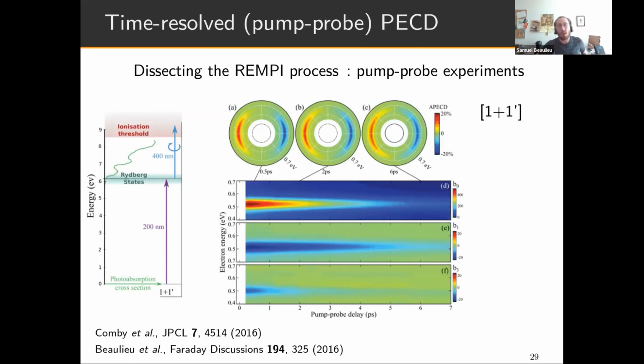Here is a 1+1' pump probe study of the ultrafast dynamics of fenchone, the first demonstration of time-resolved PECD, performed a few years ago. Here you can see the time-resolved photoelectron circular dichroism, as well as the decomposition into Legendre polynomials. So here you can see B0, B1, and B3 as a function of pump probe delay after the resonant population of the 3s Rydberg state of fenchone.